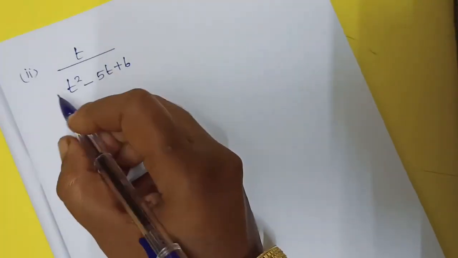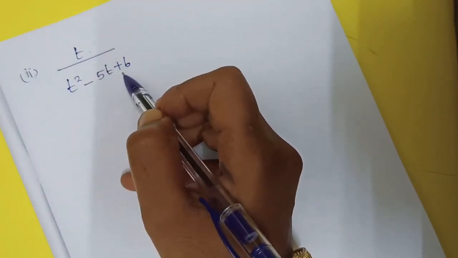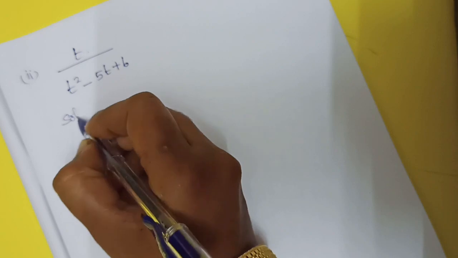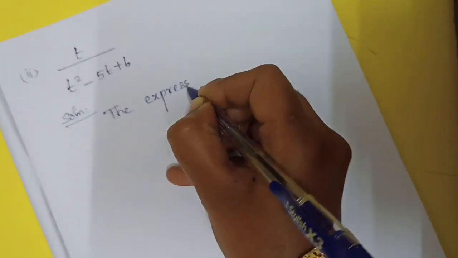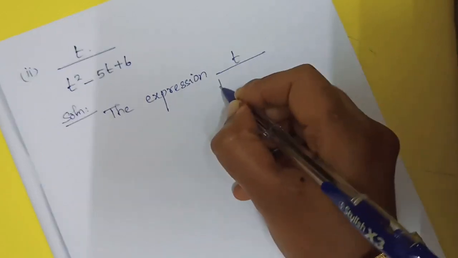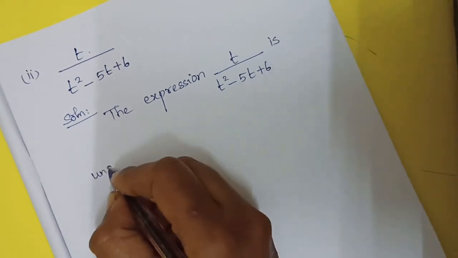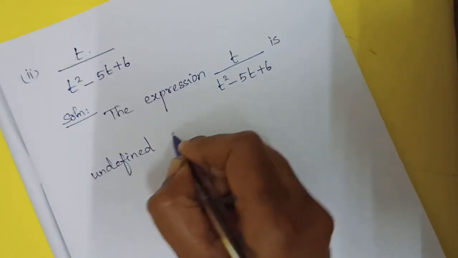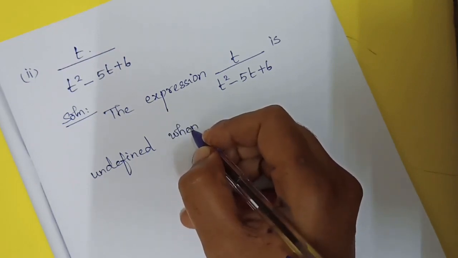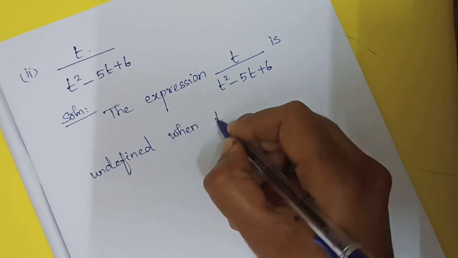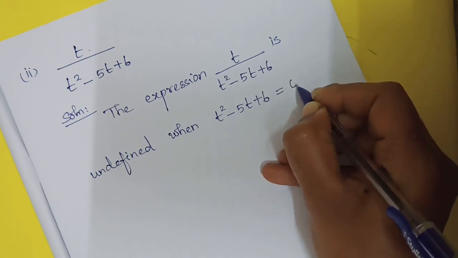Now see the next problem. Second problem: t by t square minus 5t plus 6. Shall we solve this now? The expression t by t square minus 5t plus 6 is undefined when the denominator is 0. What is the denominator here? T square minus 5t plus 6 equal to 0.